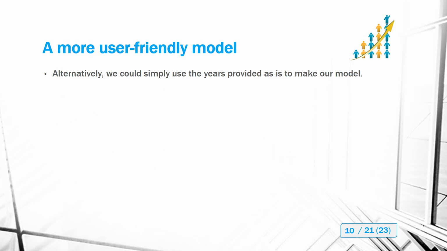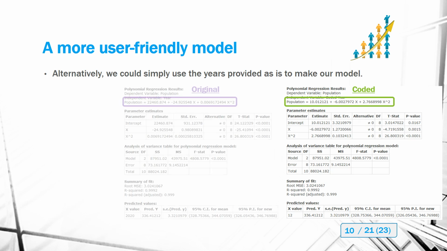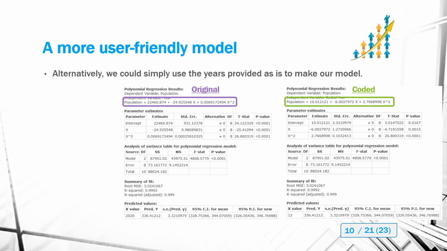We can make our model more user-friendly, though, if we skip the coded year thing altogether and just use the original year data that was provided to us from the get-go. So here's the results window that we saw previously using the coded data for the years. If we make another model using just the original year data without any coding, this is the results that we get.